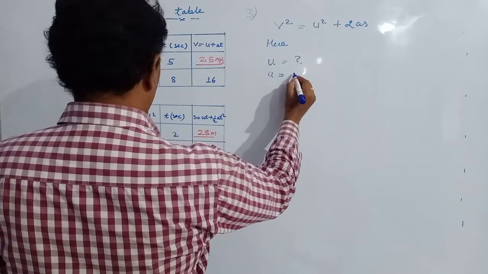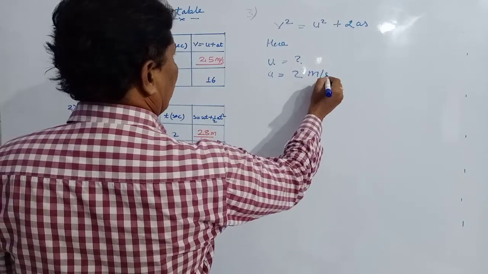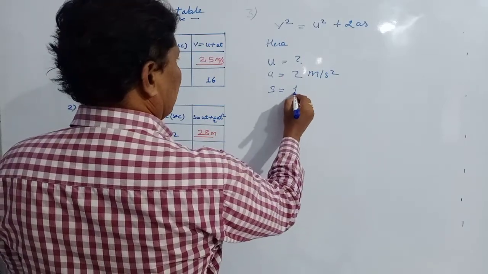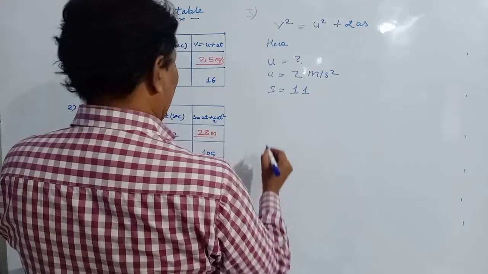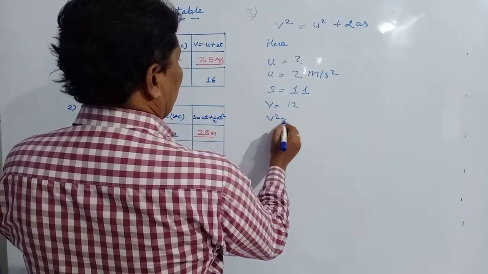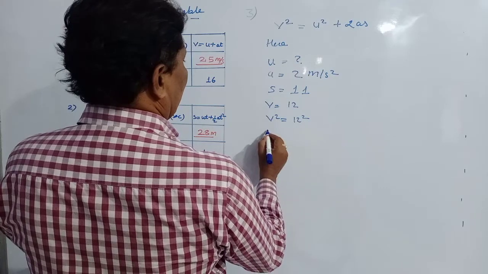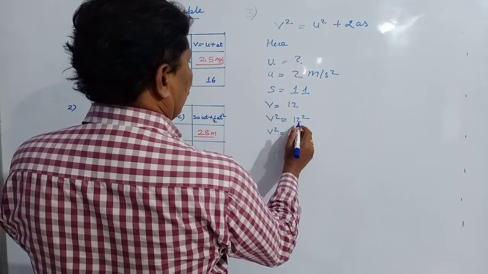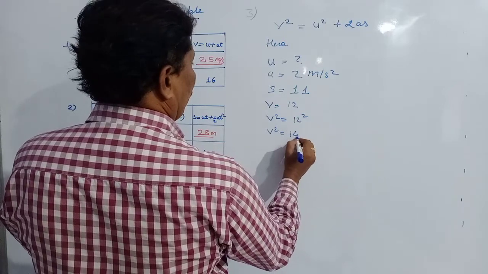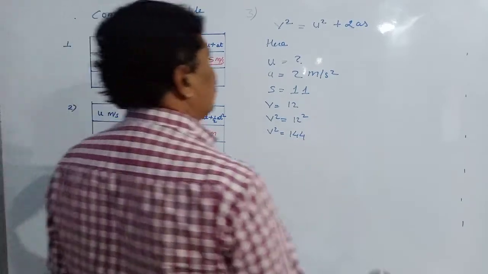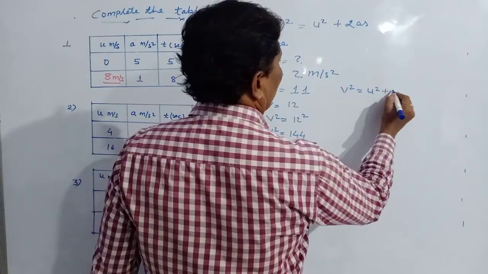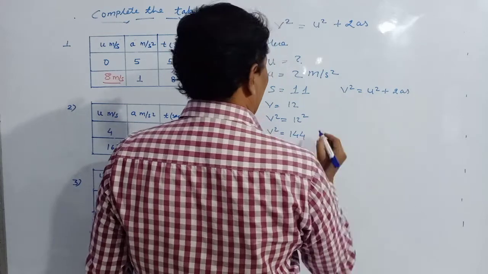A is equal to 2 meter per second square. S is equal to 11 and V is equal to 12. So V square is equal to 12 square. V square is equal to 144. We have the equation V square is equal to U square plus twice AS.